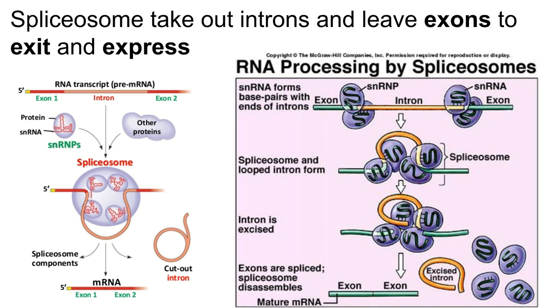So they have this spliceosome protein, and this is going to grab on. And again, part of this spliceosome does involve protein, but it also involves very specialized RNA. And RNA comes from DNA.